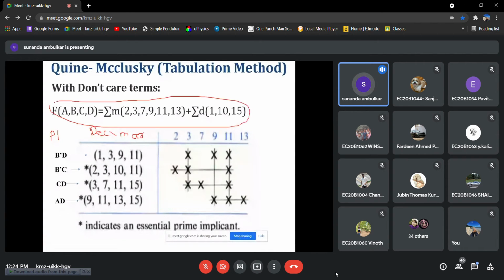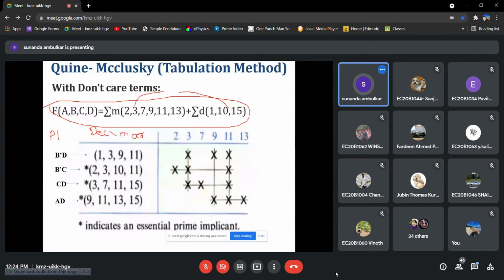Okay, so in this particular example we have the min terms and we have the don't care terms. We use the don't care terms for the grouping purpose. We will not use them in preparing the prime implicant table. So in the third column we will take only min terms, and then we will match which min term belongs to which prime implicant.